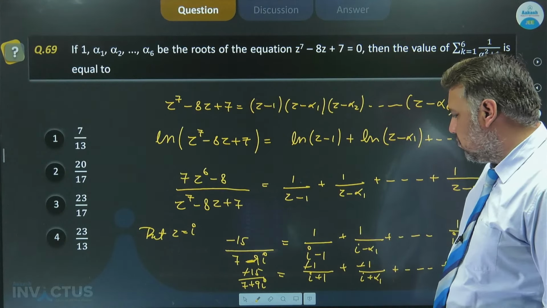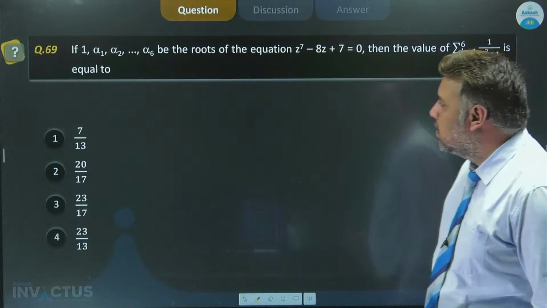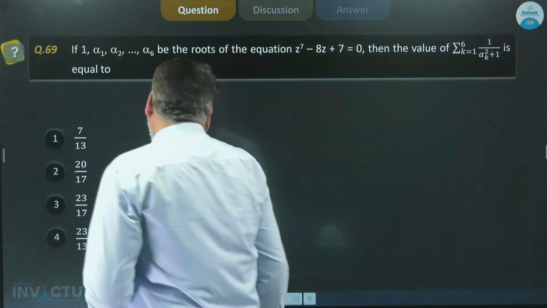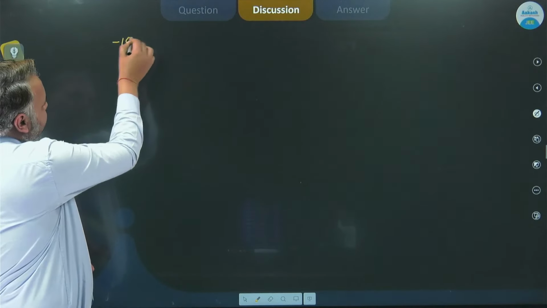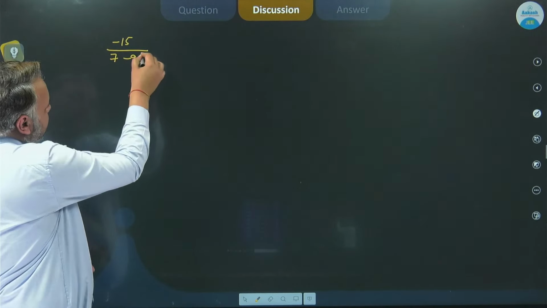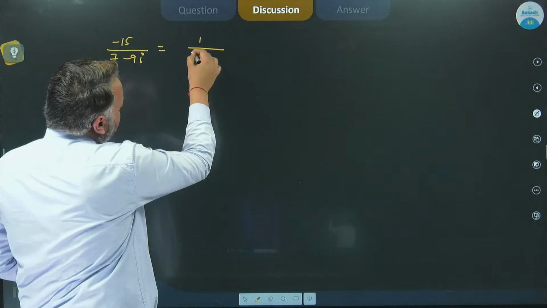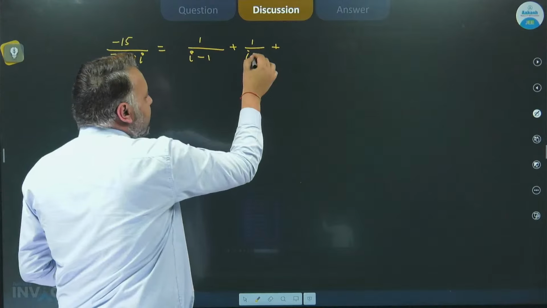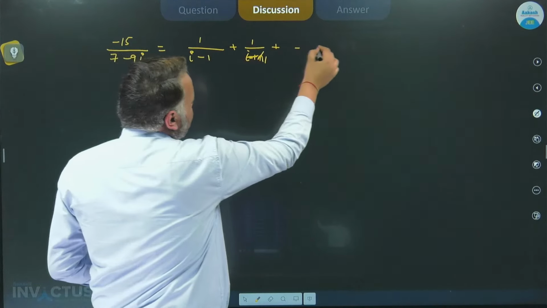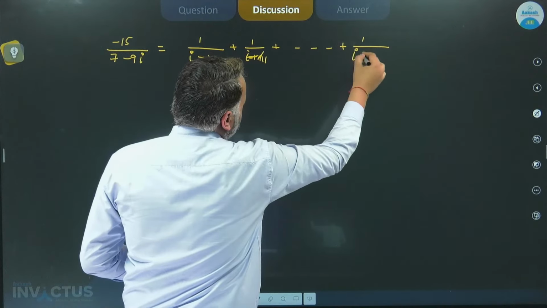adding both these two equations, in the left hand side we have minus 15 divided by 7 minus 9 iota is equal to 1 upon iota minus 1 plus 1 upon iota plus 1, 1 upon iota minus alpha 1 and so on up to 1 upon iota minus alpha 6.